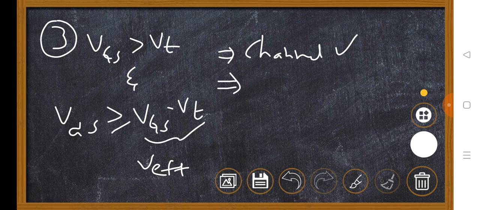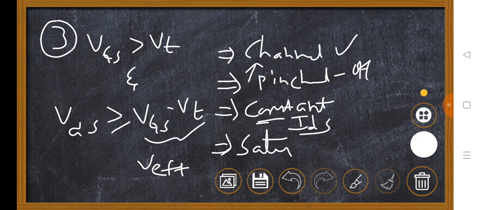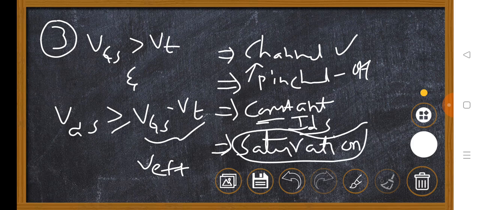No, there is a pinched-off channel. The channel is pinched off, therefore constant current is there. Constant IDS is there. Since it is constant, we can call this region the saturation region. Absolutely, guys, saturation region. Is it understood, all of you?